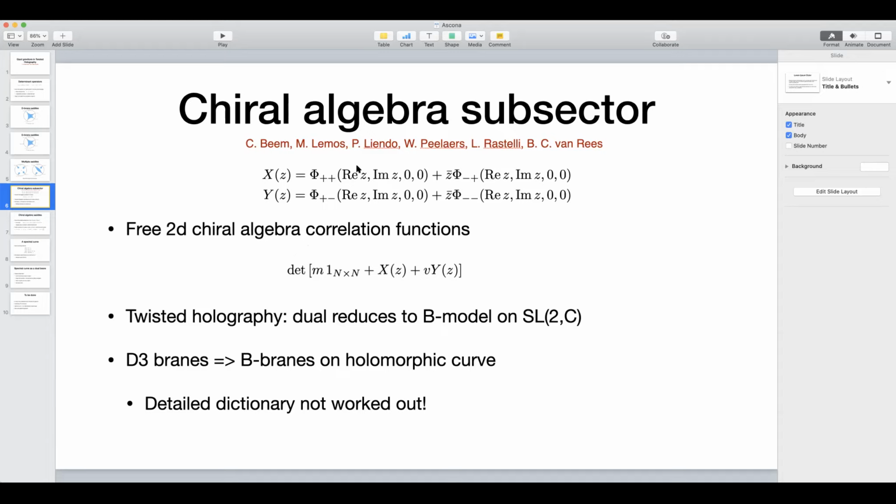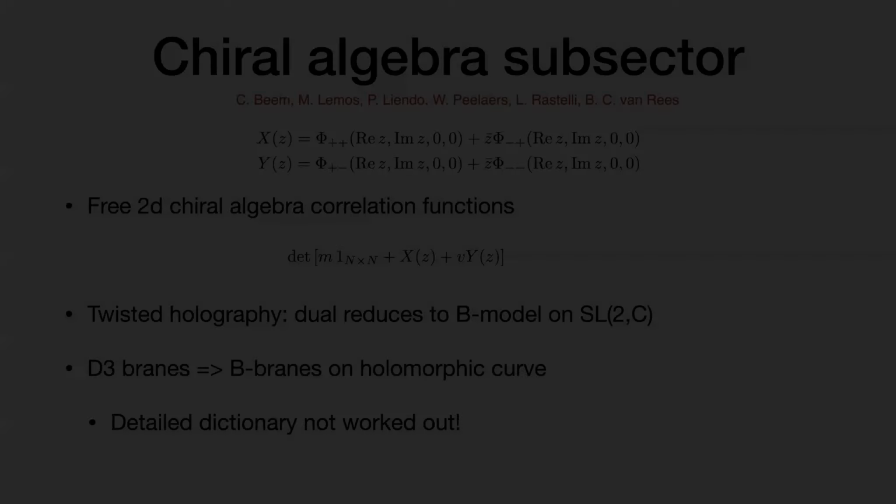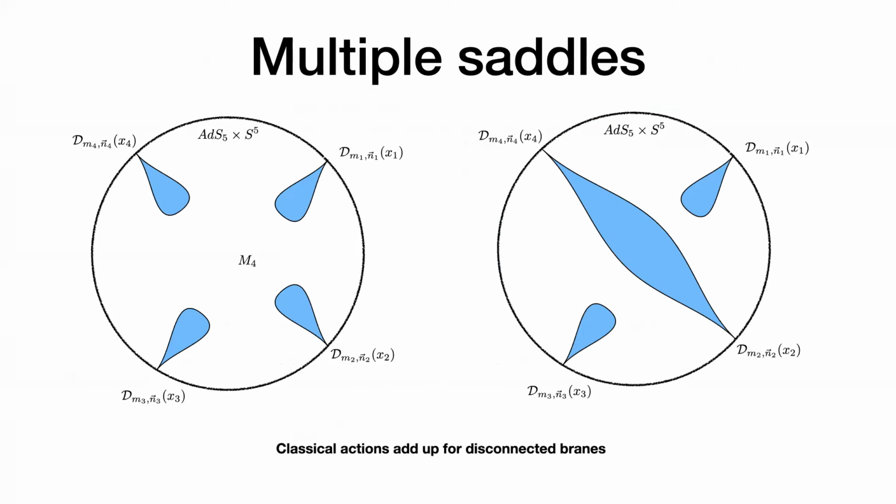So in this twisted holography dictionary, the D-branes in the AdS5 times S5 would reduce to D-branes in the B model, which wrap a holomorphic curve. So this sort of picture in the twisted holography setup should represent holomorphic curves inside the Calabi-Yau, which is SL2C. SL2C topologically is essentially AdS3 times S3.